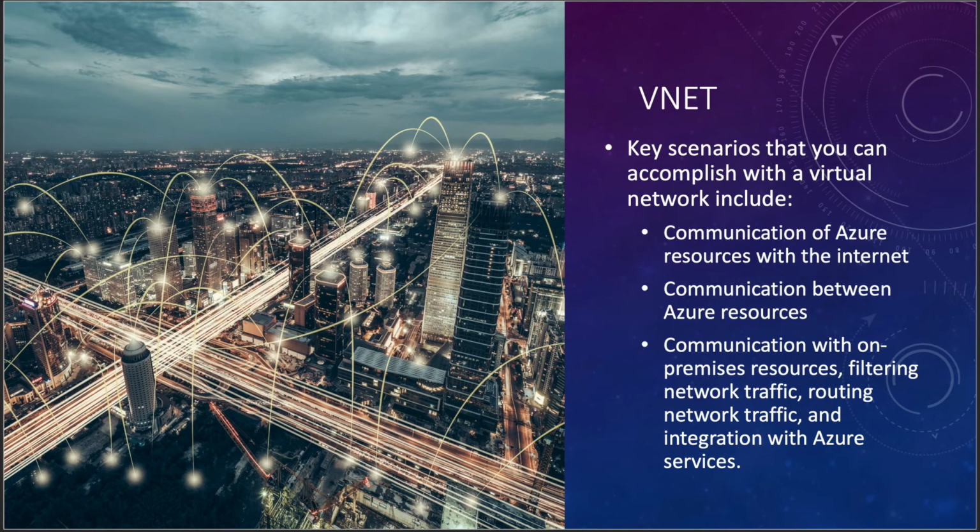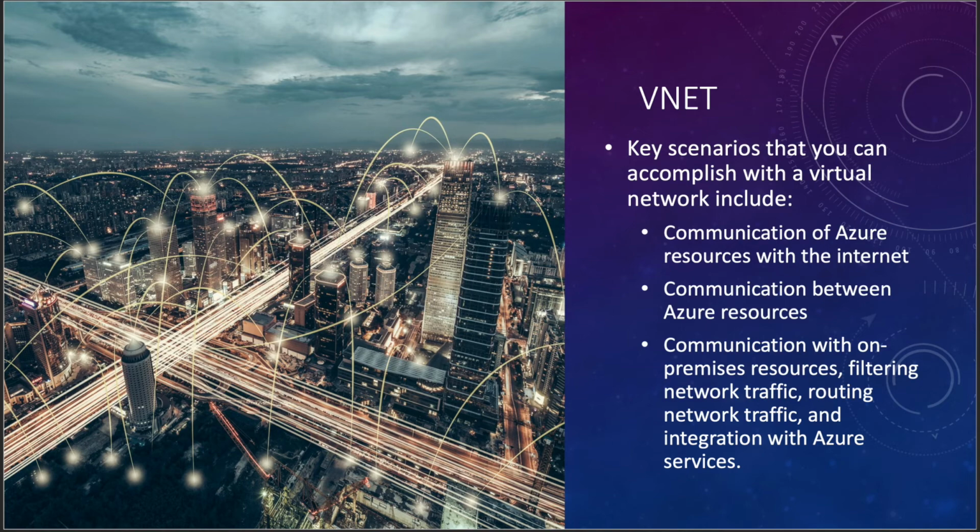So some of the key scenarios that you're going to use in this is, basically, communication with Azure resources over the internet. So, your gateway is how do you get out onto the internet? How do you provide service to customers through that whole process of setting up your networks? Communication between Azure resources, especially if you're doing a bunch of serverless computing, if you're doing function as a service, if you're doing anything that's API based back to other resources like payment gateways, your VNet will help out.